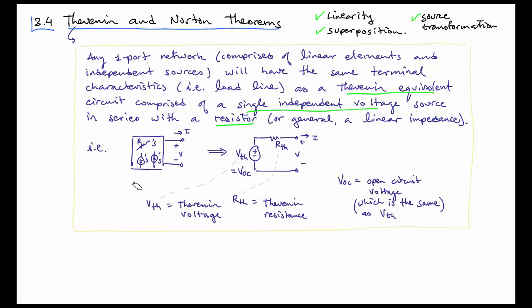If you draw a box around part of a circuit, and there are just two terminals that enter into that box, you can replace all of what's inside that box with an equivalent Thevenin circuit, which has just a voltage source and, in our current context, a resistor. And this is very beneficial and simplifying when we're interested in studying the interaction of that one port with whatever it's connecting to.